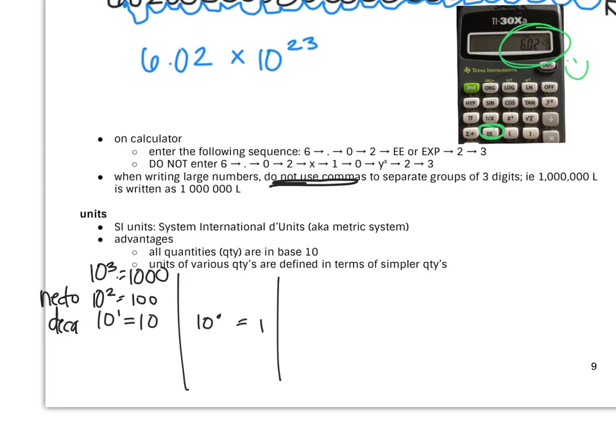And this one is probably a prefix you're more familiar with, and that's kilo, like a kilogram or a kilometer. Okay, those are the main ones that we're going to talk about, the main prefixes when it's getting larger. There are other ones for when it gets smaller. So let's say we had 10 now to the negative first power.